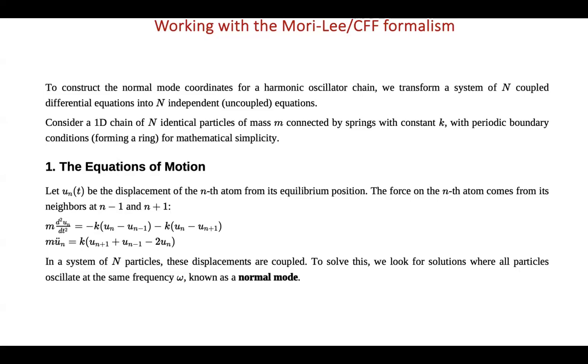So it was Berezin, Kosterlitz and Thouless, and then Halperin and Nelson and Young. So it's called BKT-HNY theory. So in 2D, it is the BKT-HNY theory that describes melting.